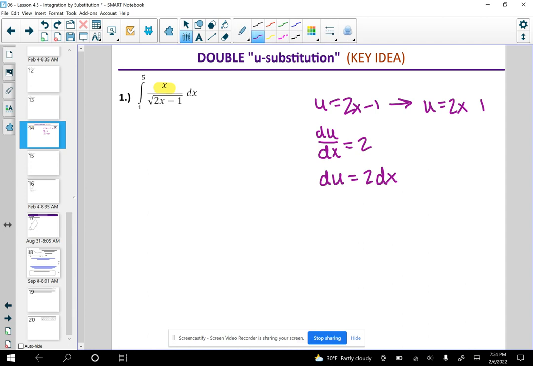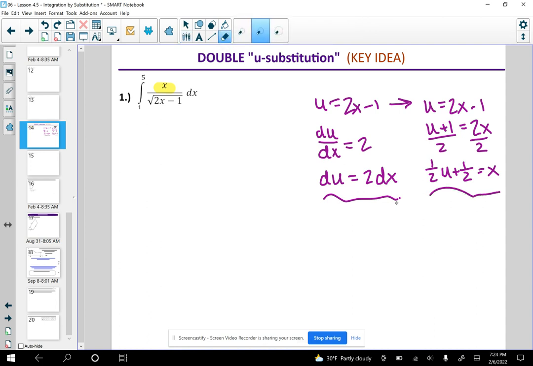If I were to solve this for x, I would start by adding 1 and then divide everything by 2. And I would get that little expression right there. So I'm going to substitute both the du and this little expression in for x.